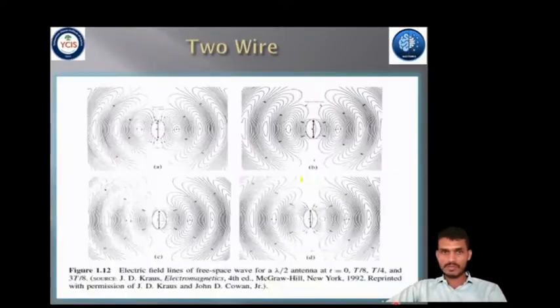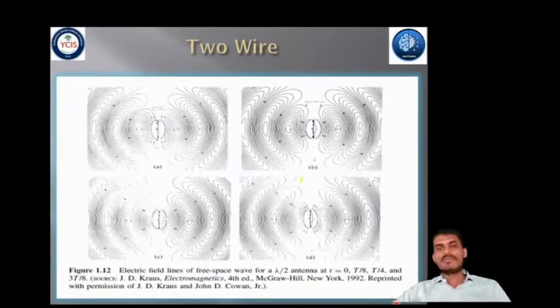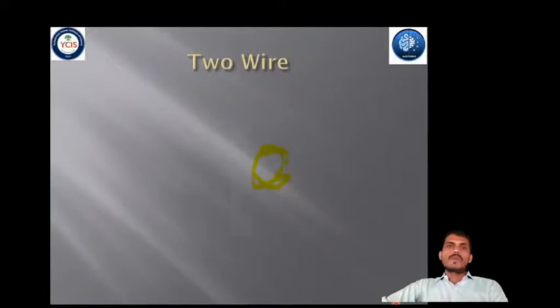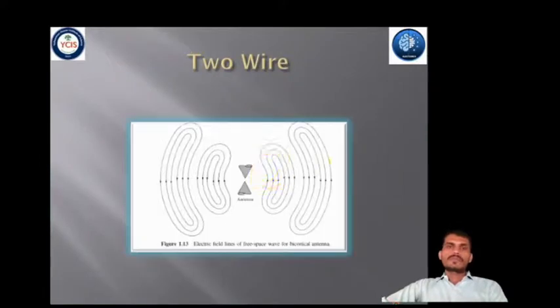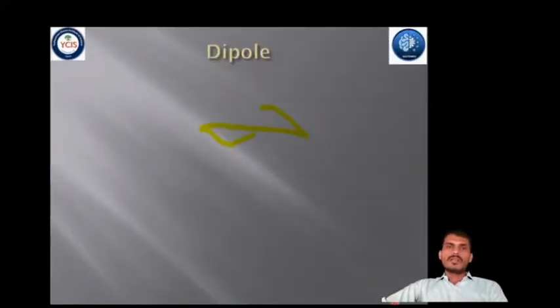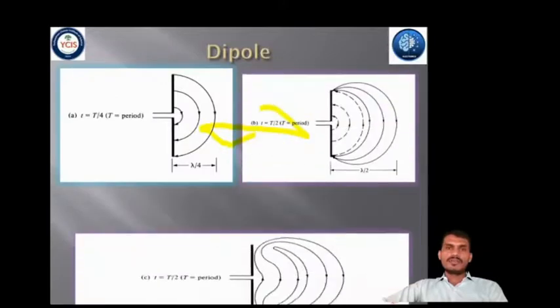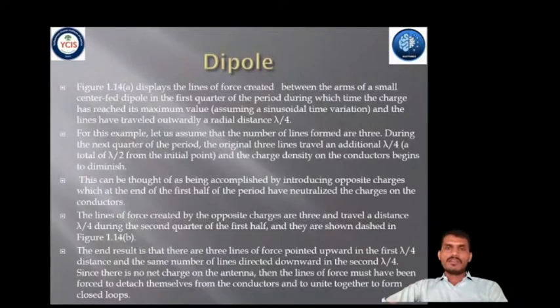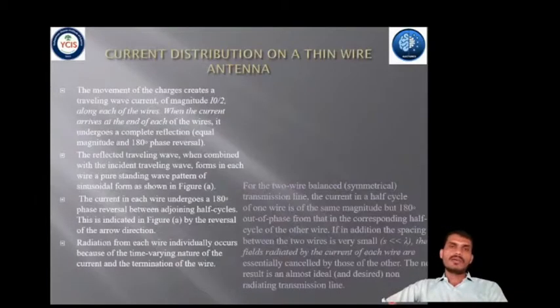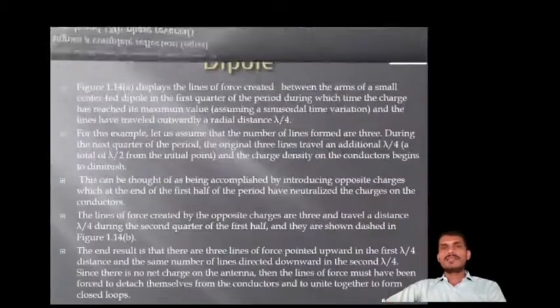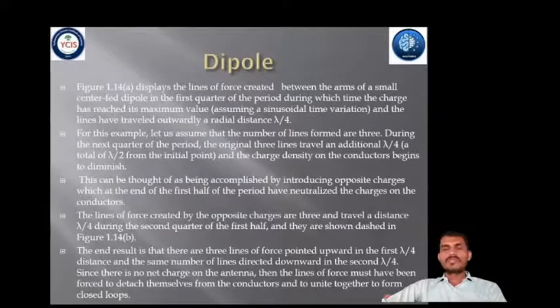This is your figure 1.1. Similarly, by using a dipole antenna, this figure is formed. So, for this antenna theory, you can refer to the book Antenna Theory, written by Balanis. I suggest that you refer to this book.